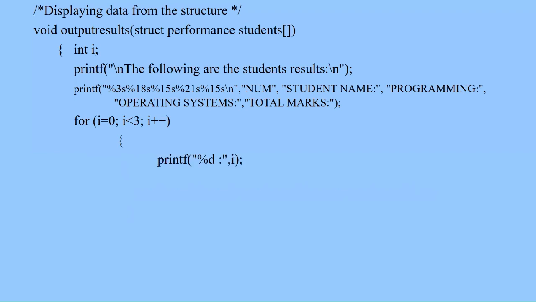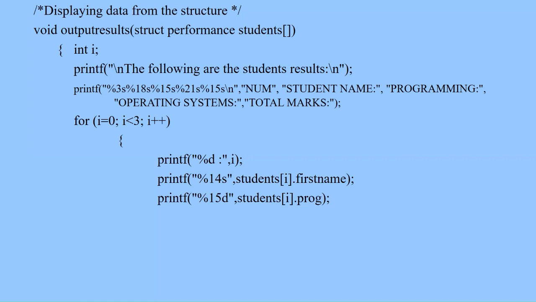When the value of I is 1, we display number 1. Or when it is 0, we display 0. And then we display the content in the memory location called students 0.firstName, formatted 14 spaces, followed by the score stored in students 0.prog, formatted by 15 spaces.